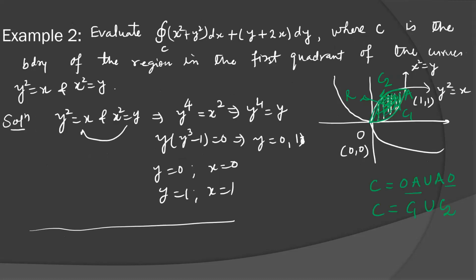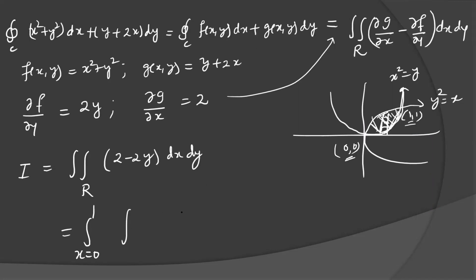So this is your parabola x square equal to y, and this is your y square equal to x. So see the strip of these parabolas. If you see the strip here, this is your strip. So the tail of the strip is on the parabola y equal to x square, and the head of the strip is on the parabola y square equal to x. So the lower tail is from y equal to x square, and the head of the strip is on y equal to plus root x. It will give you plus minus, but we are in the first quadrant only.